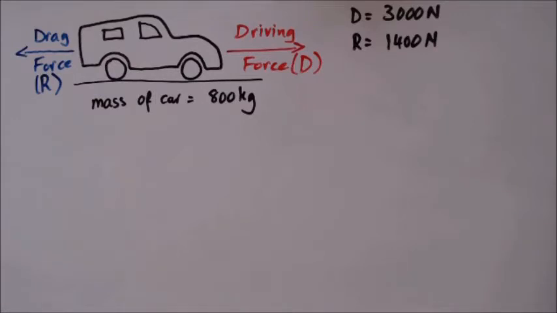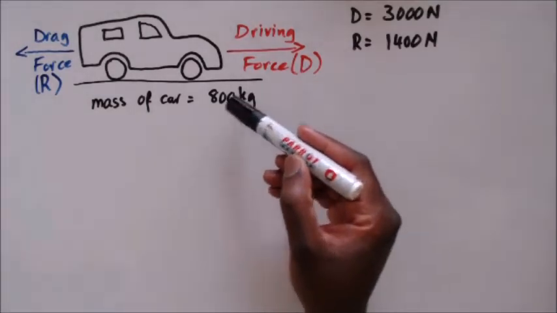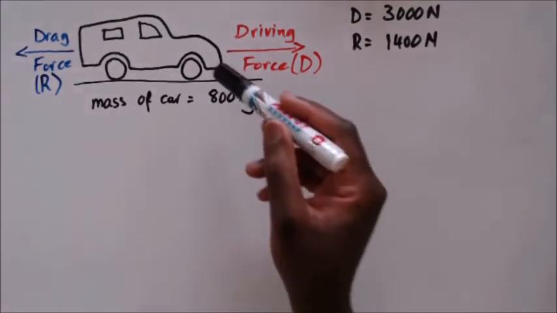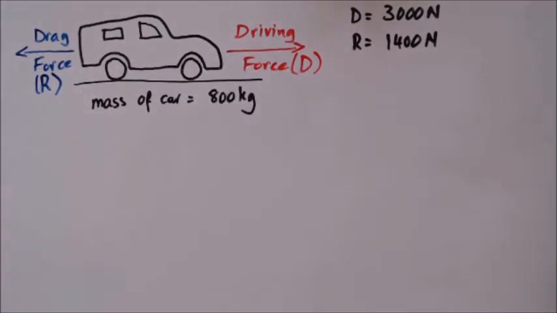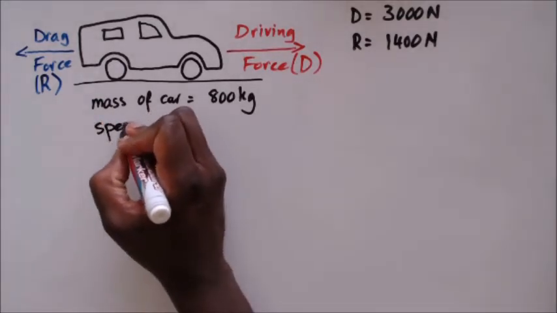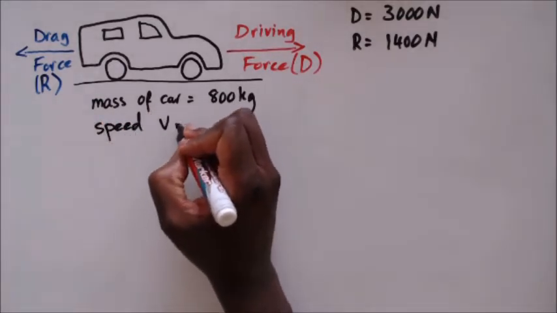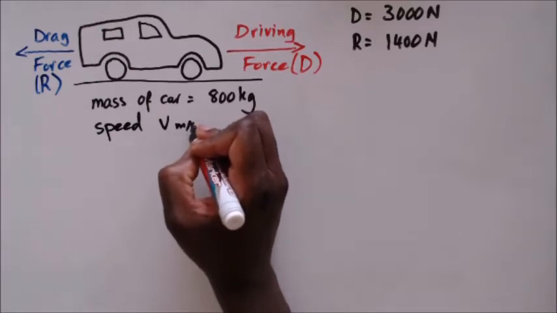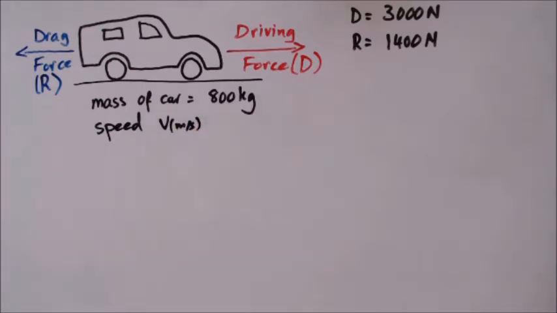To delve deeper into Newton's second law, we've got the example which you can see in front of you. And that is a very basic example of a car which has got a mass of 800 kilograms. And that car is driving along a road. It's moving at some kind of speed, which we would simply call V, in meters per second.